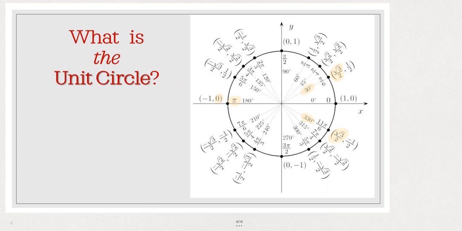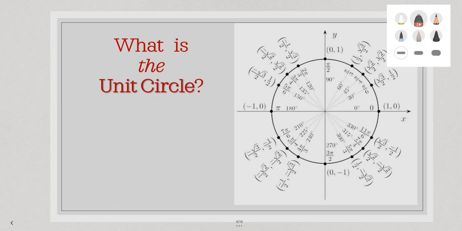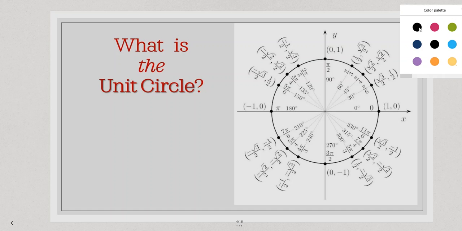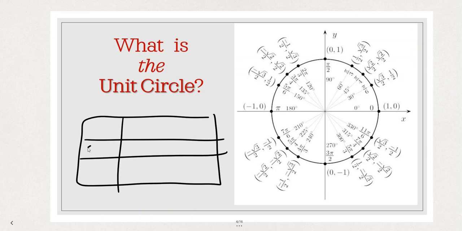Next, how do you use the unit circle? We could use the unit circle to complete a chart that looks like this. We have sine and cosine of, let's say, 0 degrees.